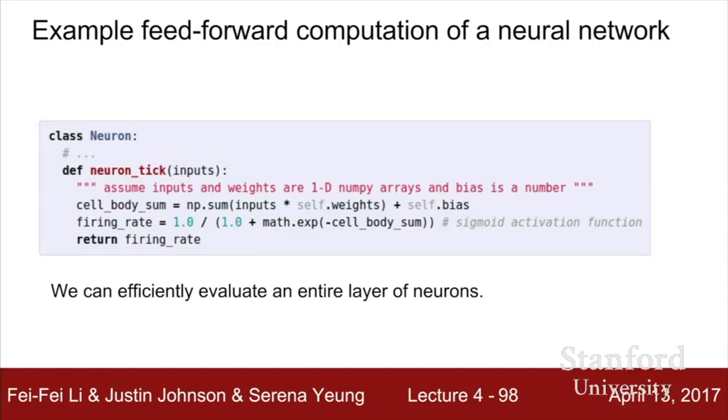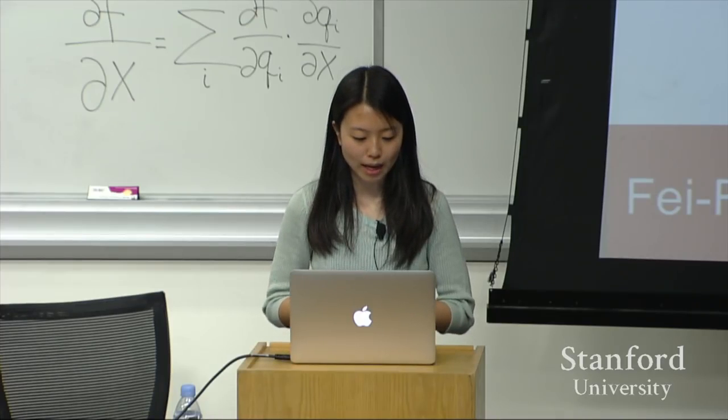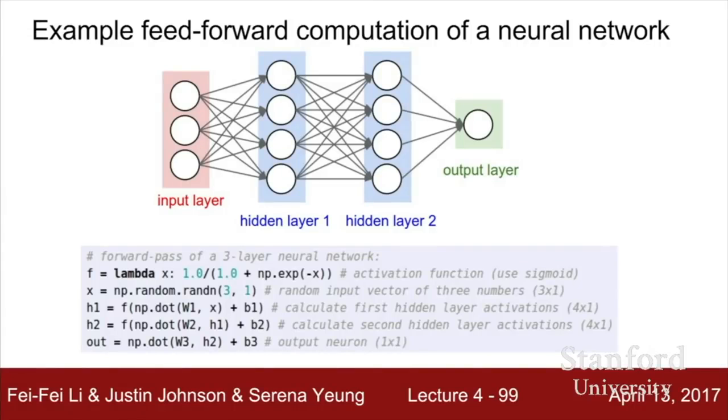By writing it out this way with these matrix multiplies to compute our neuron values, we can efficiently evaluate this entire layer of neurons, right? So with 1 matrix multiply, we get output values of a layer of, let's say, 10 or 50 or 100 neurons, right?